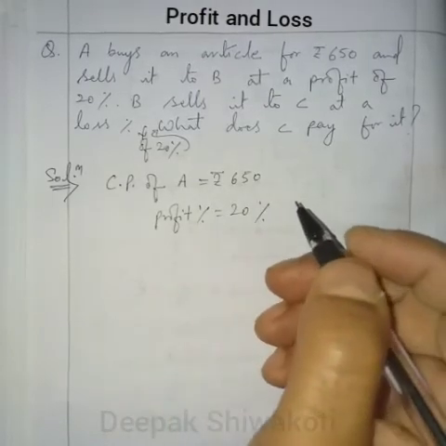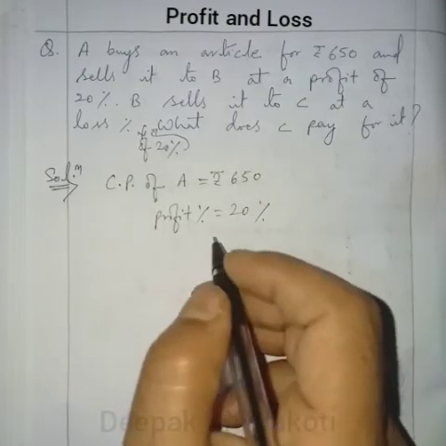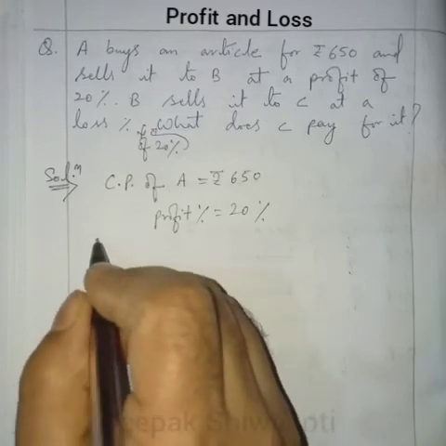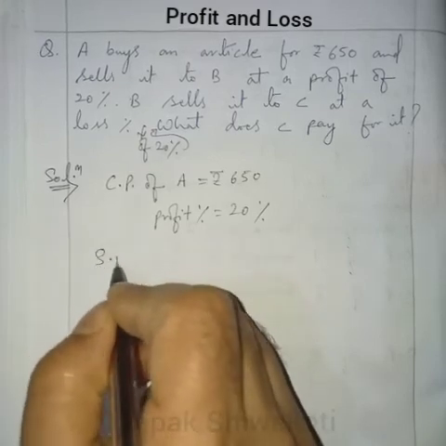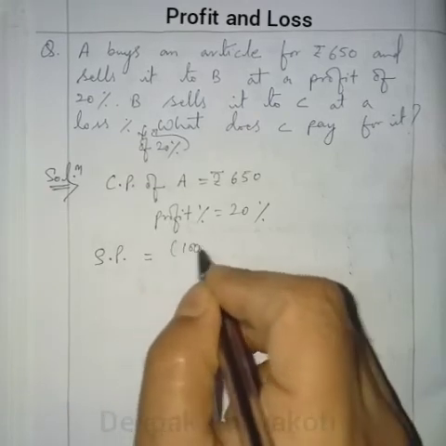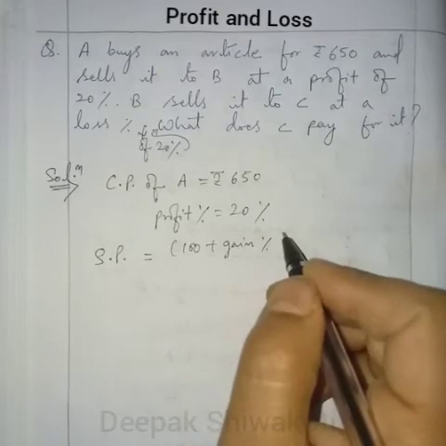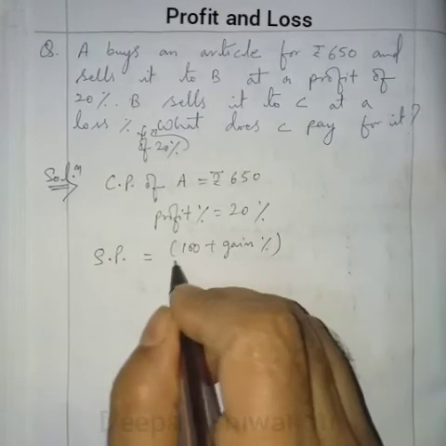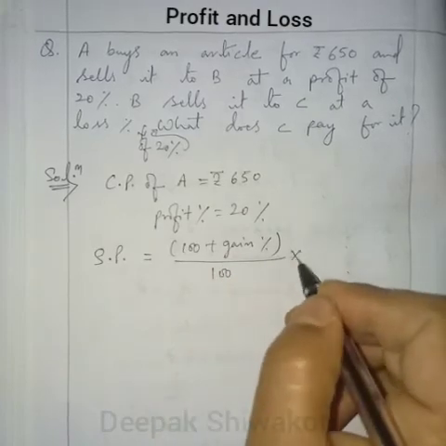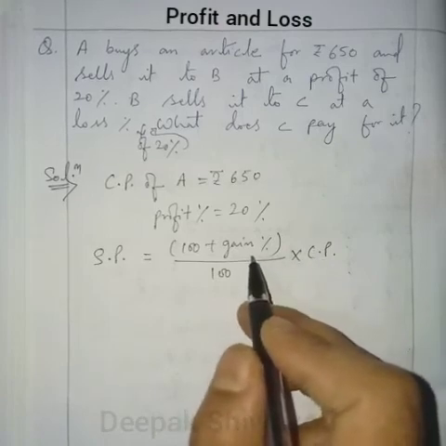Now from this given data we can calculate the selling price of A using our formula. Selling price is equals to 100 plus gain percent by 100 into CP. So it is important to remember the formula.